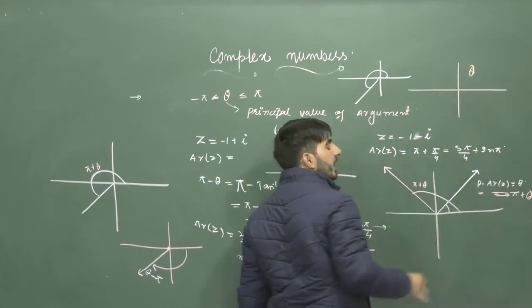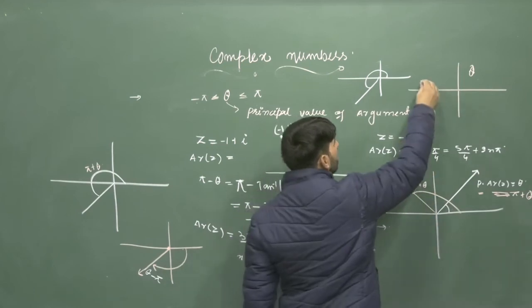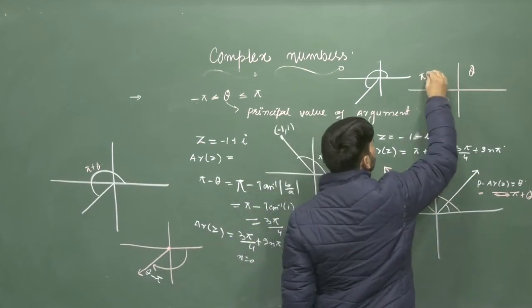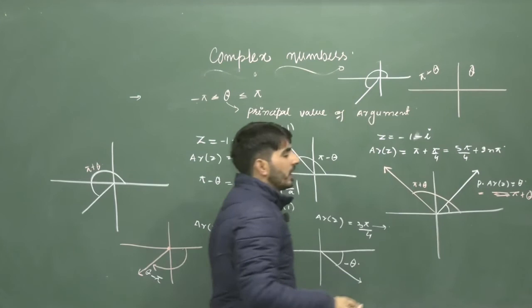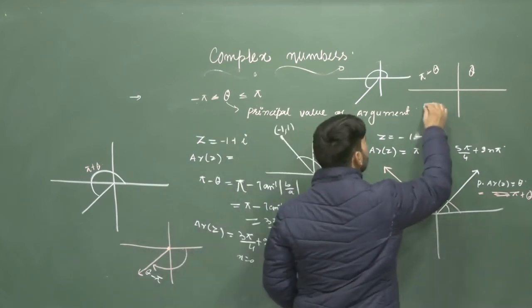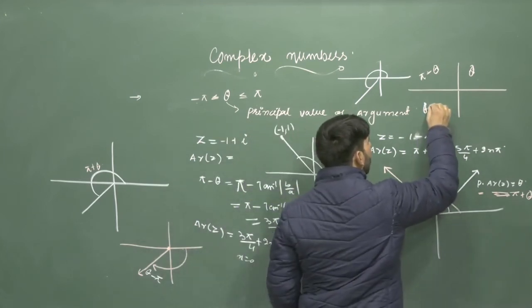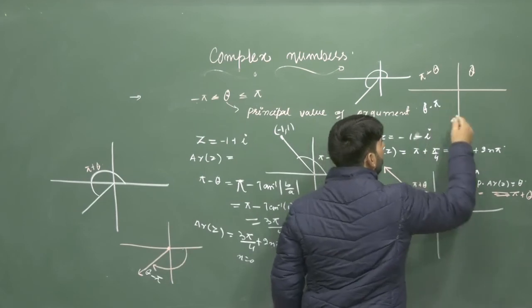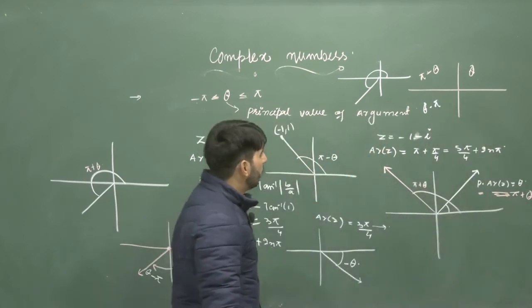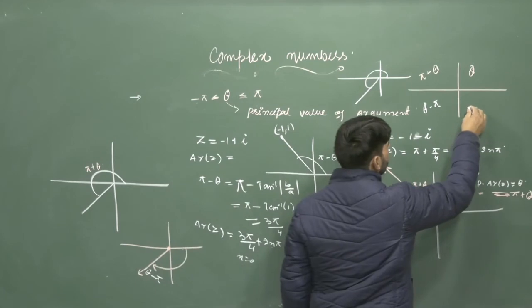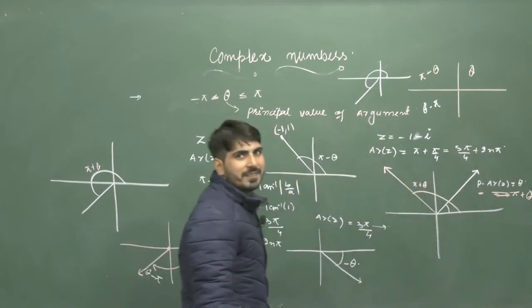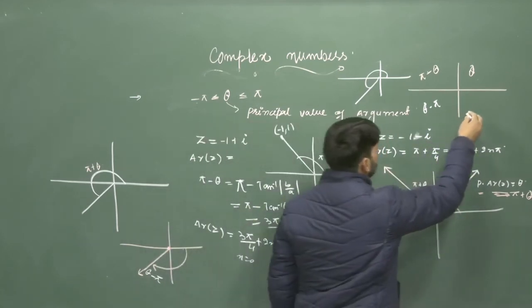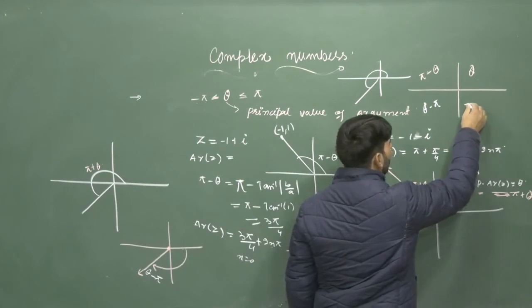If it lies in the second quadrant, its principal argument is π - θ. If it lies in the third quadrant, its principal argument is θ - π. If the complex number lies in the fourth quadrant, its principal argument is -θ.